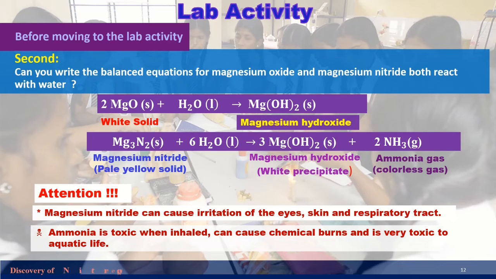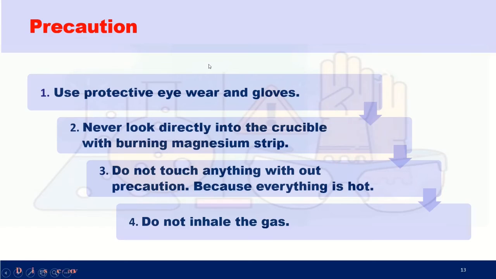When you do this practical in your lab, you should be careful. Magnesium nitride can cause irritation of the eyes, skin and respiratory tract. Ammonia is toxic when inhaled, can cause chemical burns and is very toxic to aquatic life. Before doing the experiment, take more precautions. Use protective eyewear and gloves. Never look directly into the crucible with the burning magnesium strip.